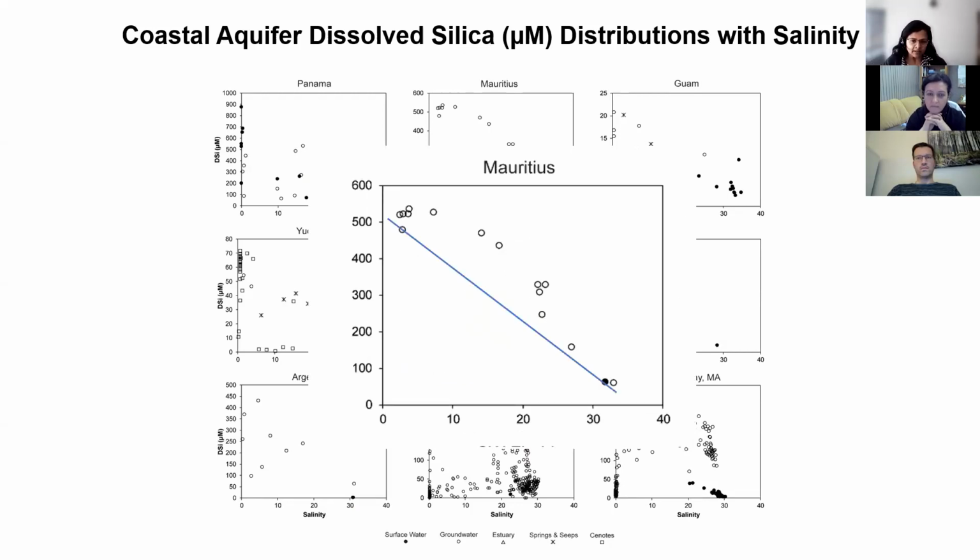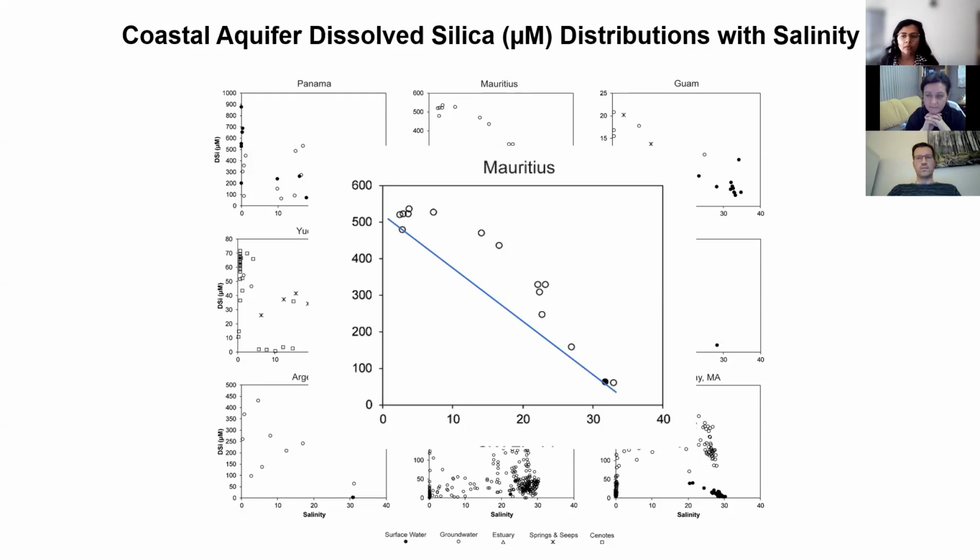Similarly, for Mauritius, this is the conservative mixing line. You also see clear evidence of a non-conservative source that is elevating your dissolved silica concentrations above what you would expect.